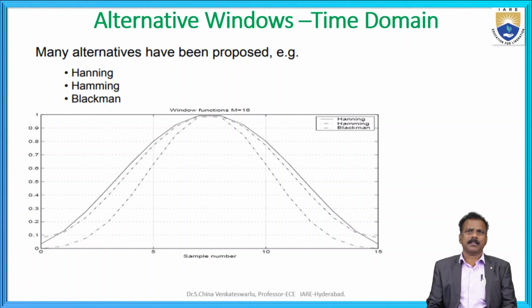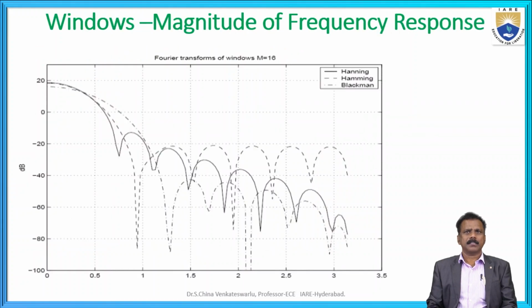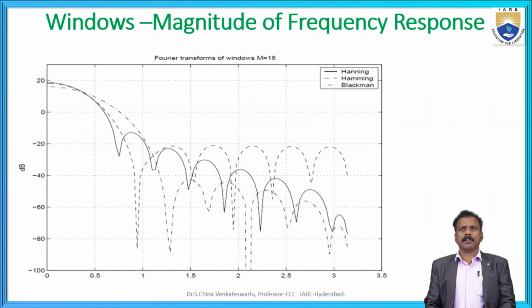With these windows, we can verify the magnitude of the frequency response through the Fourier transform of the window, for m equal to 16 or below, and how it varies for the Hanning and the Blackman. Practically, it is possible by writing a piece of code in MATLAB to verify the magnitude of the frequency response and analyze FIR digital filter designs.